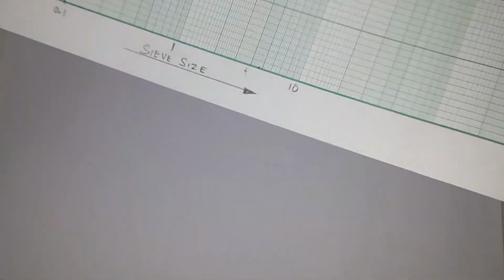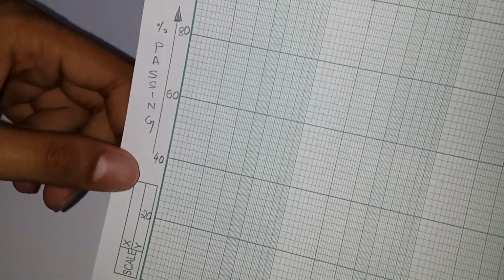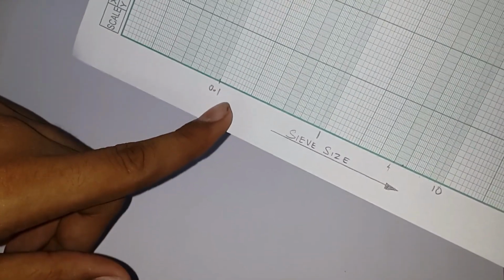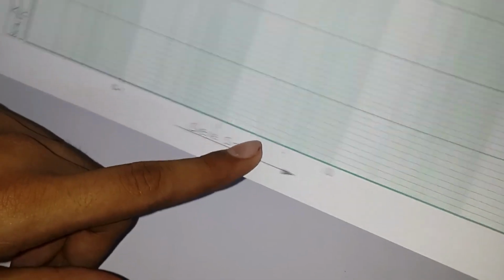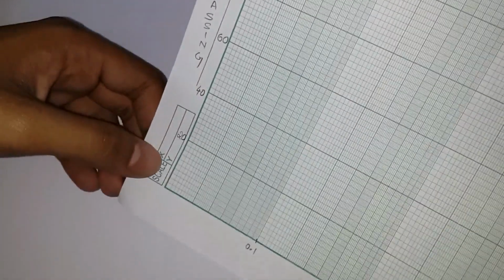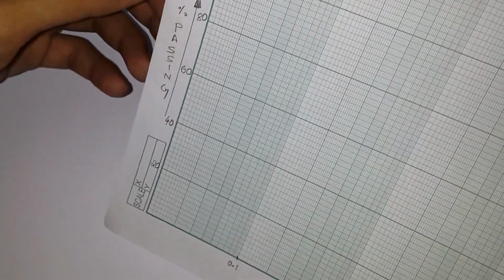Next, we have to plot the graph with sieve size on the x-axis and percentage passing on the y-axis. On the x-axis we mention 0.1, 1, 10, and 100. On the y-axis, 20, 40, 60, 80, 100, that is percentage finer or percentage passing.